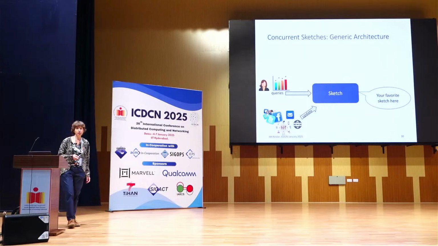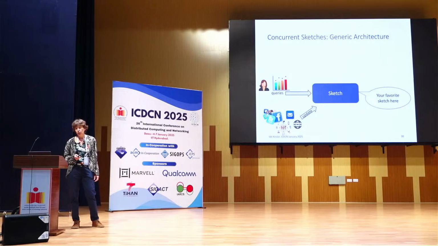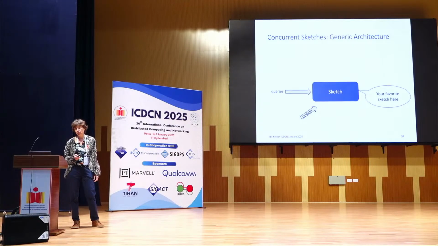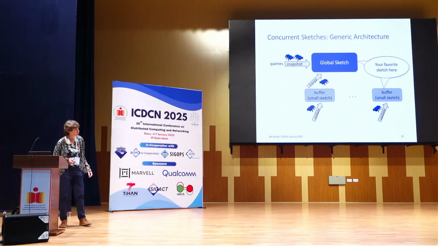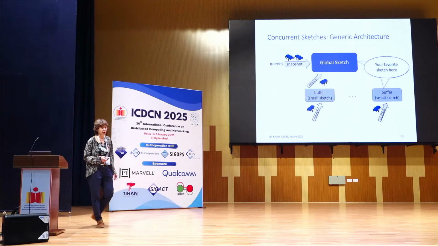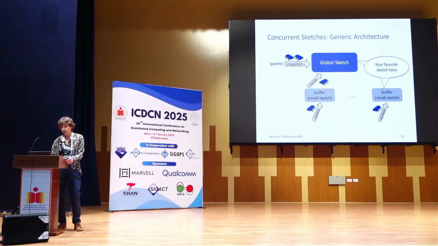So this is a general architecture which is generic. It says give me whatever sketch you want, your favorite sketch. And what we're going to do is add some buffering before we use it. So we're going to take a global instance of the sketch. This is the global sketch here, and that's the one that's going to be queried.